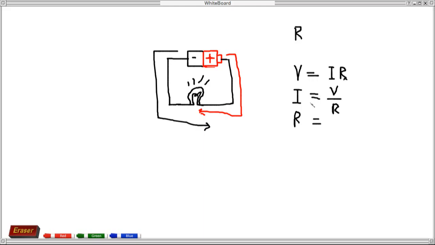Resistance is equal to your voltage divided by your current. Now, they'll also tell you that power is equal to V, your voltage, times your current.